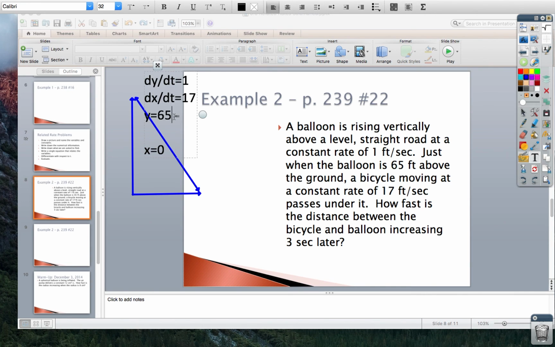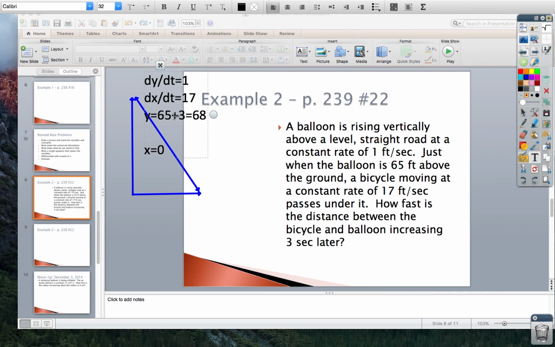Now, if we take into consideration how fast the distance between the bicycle and the balloon is increasing 3 seconds later, we need to change that y. So that y is now going to be y plus 3. The reason it's 3 is because the constant rate is 1 foot per second, so 1 foot per second times 3 seconds is 3.